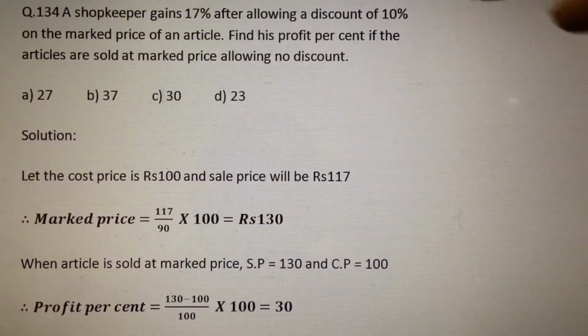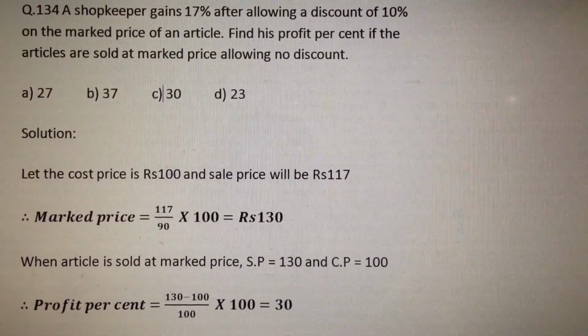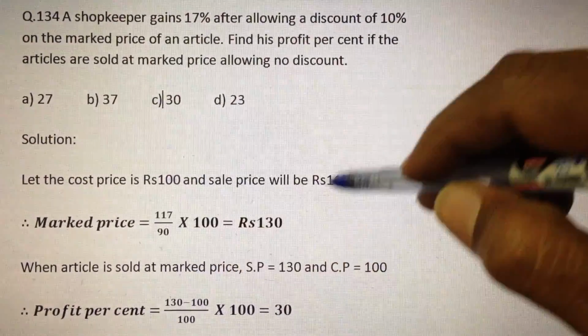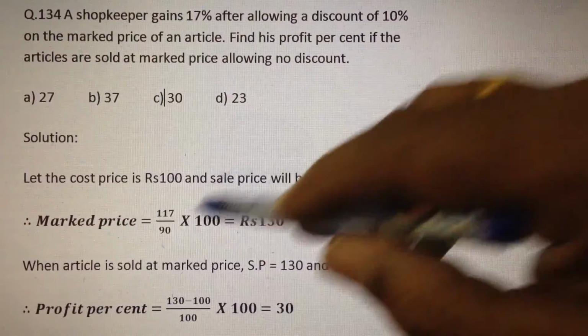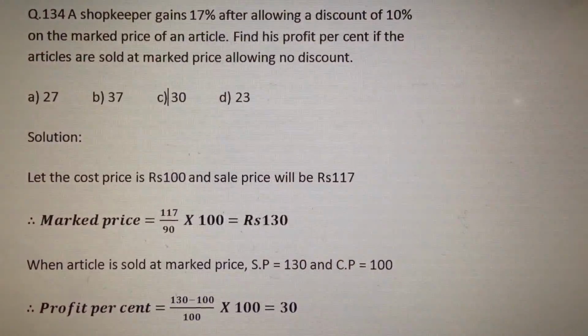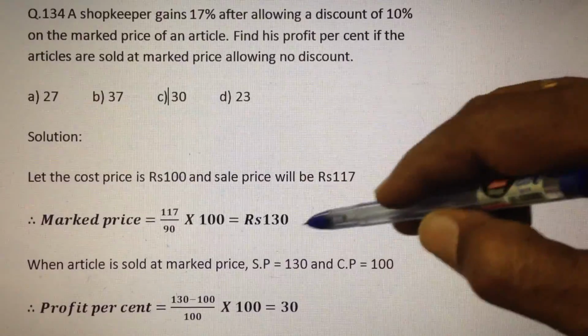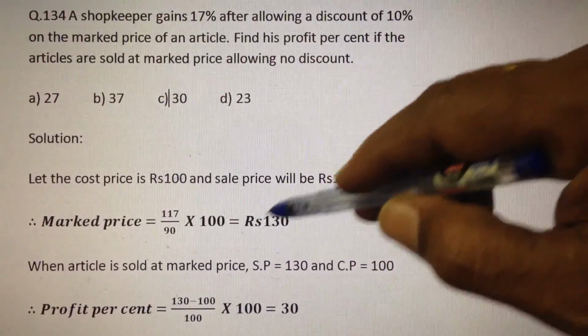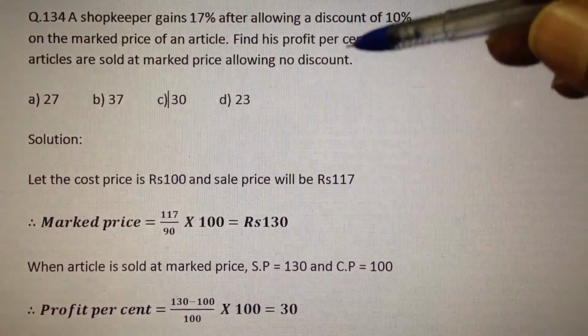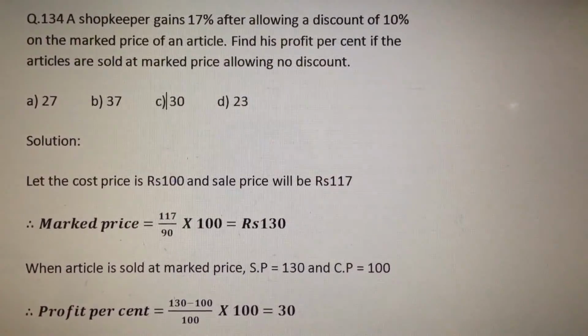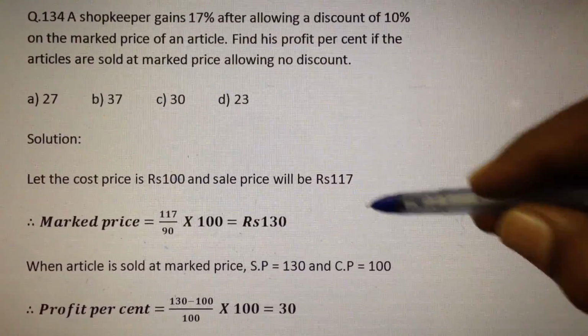Now this is after allowing a discount of 10%. Therefore market price is equal to 117 by 90 into 100, which is equal to 130 rupees. This is the market price of the shopkeeper, and after allowing a discount of 10%, the sale price is 117.